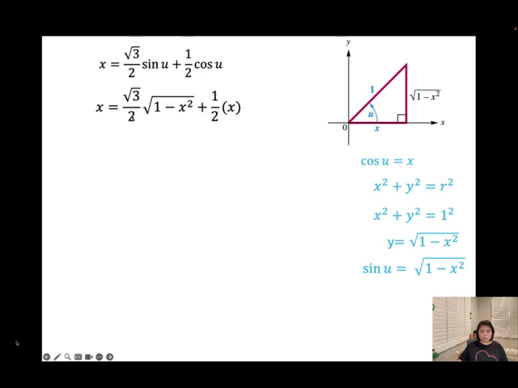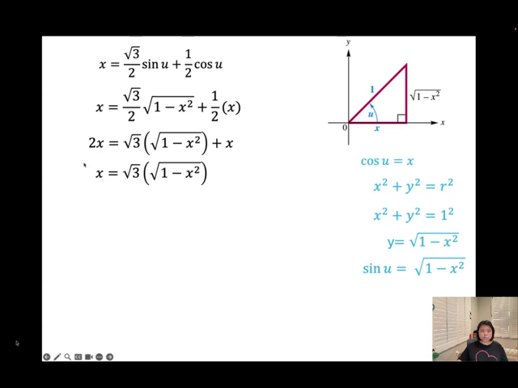Since we have 1/2 in here, I'm going to multiply by 2 for the whole equation. Times 2, you cancel out here. And then we subtract x from both sides. So 2x minus x is going to be equal to x.